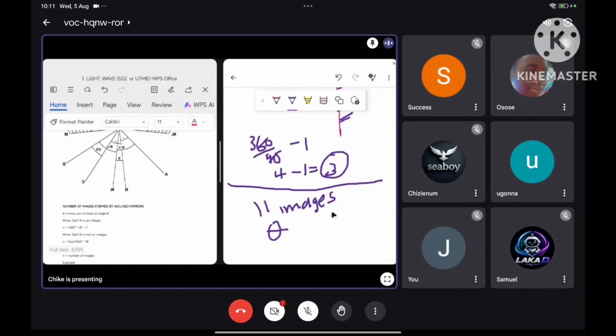If you have an answer, please let me know. What is the angle of inclination? Okay, let me give you options. This is an objective question. I think it would be fair to give you the options. We have 30 degrees, 45 degrees, 60 and 90.